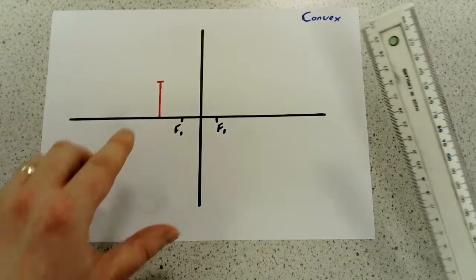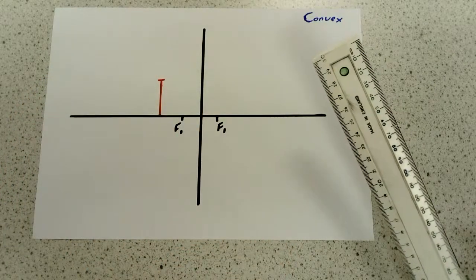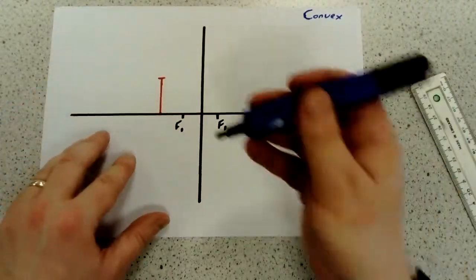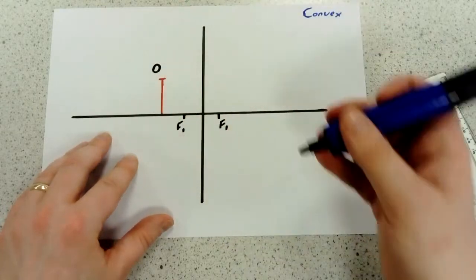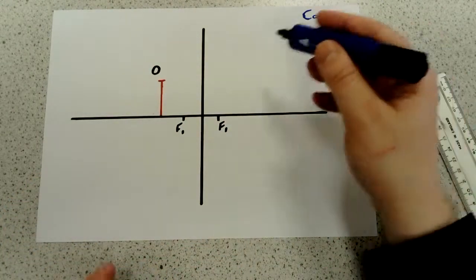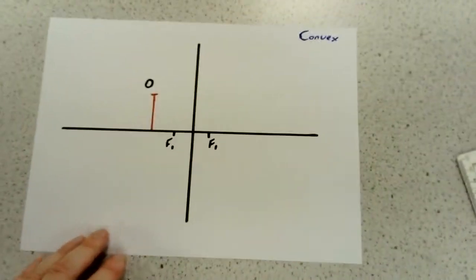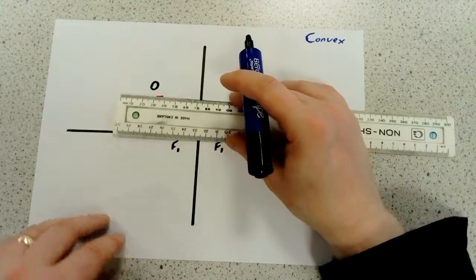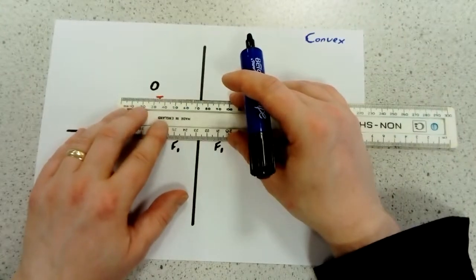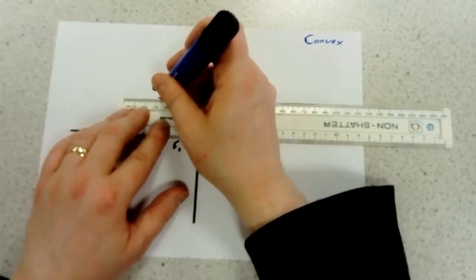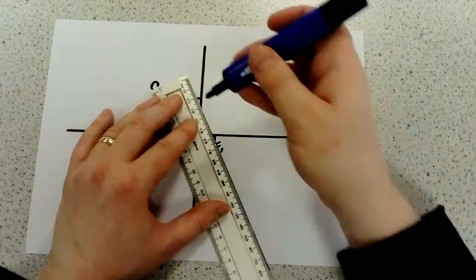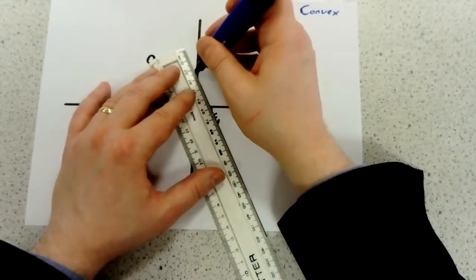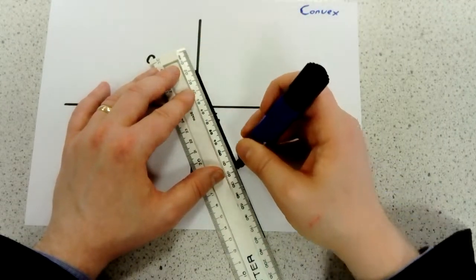So if we were going to draw a diagram here, so this is our object, and we want to work out where on this side we'll find the image. To start off with, we are going to draw one straight line going from that point, and then that will go down through that focal point.